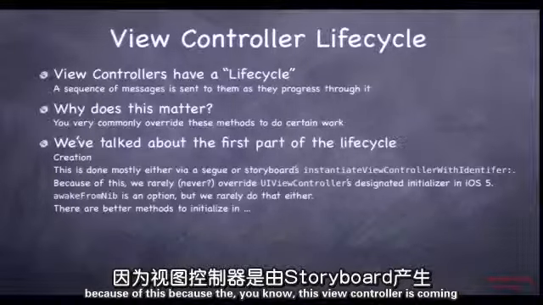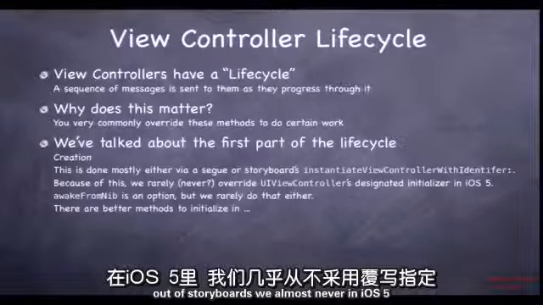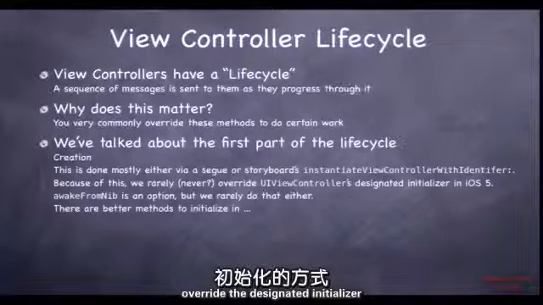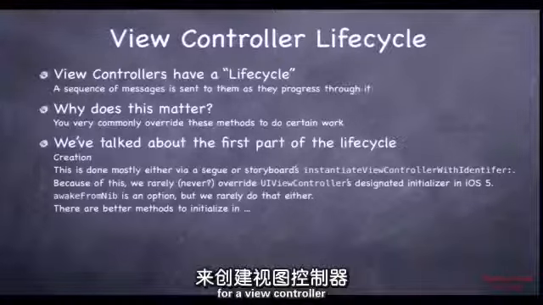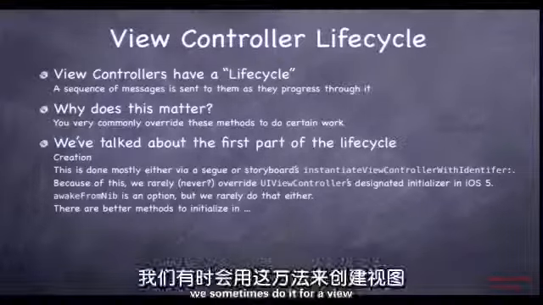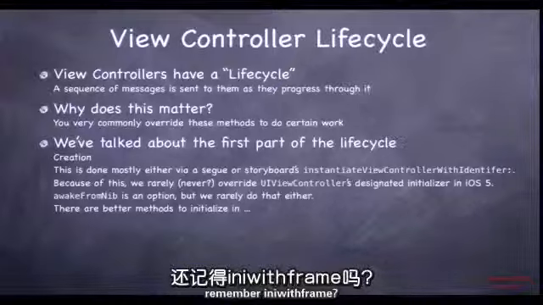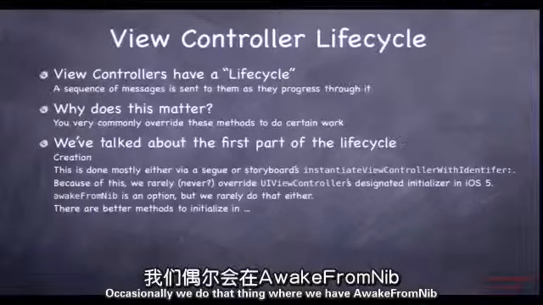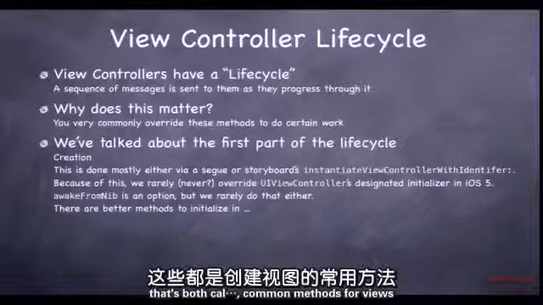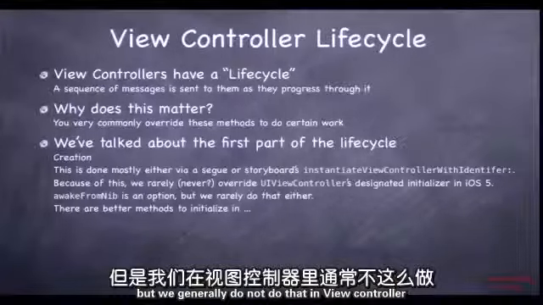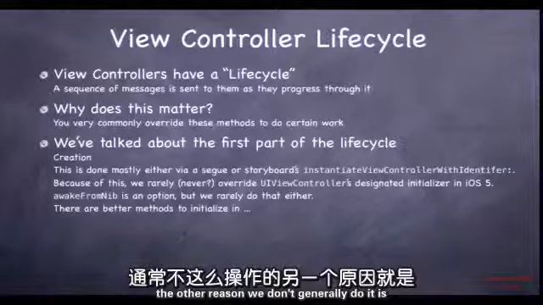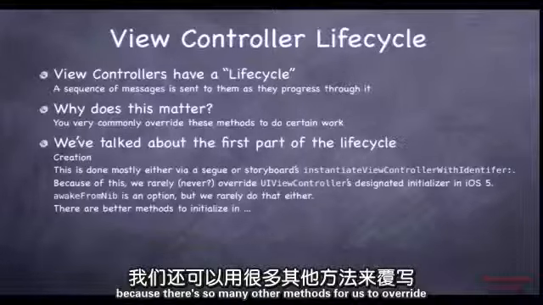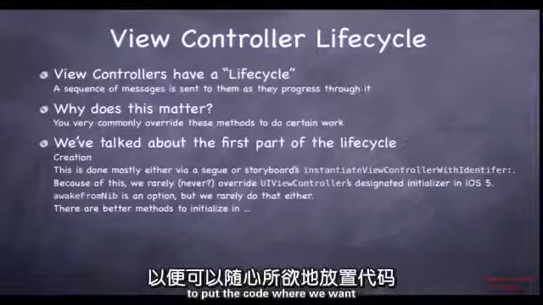Because these view controllers are coming out of storyboards, we almost never in iOS 5 override the designated initializer for a view controller. We sometimes do for a view. You remember init with frame, occasionally, and we do that thing where we have awake from nib and init with frame. They're both common methods for views. But we generally do not do that in a view controller. The other reason we don't generally do it is because there are so many other methods for us to override to put the code where we want.